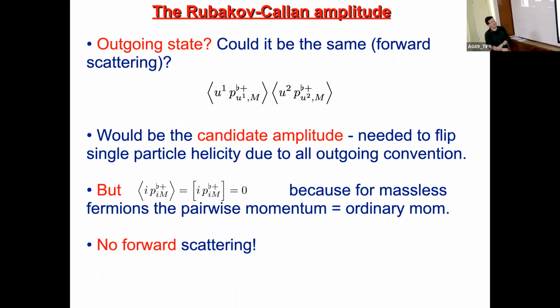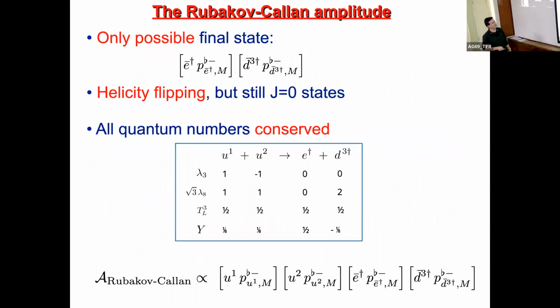But if you then ask what is the corresponding scattering amplitude, we discussed that you need to have a helicity flip for the lowest states. So actually the forward scattering is not allowed, and if you just brute force in our formalism try to write down the scattering amplitude for forward scattering, you will find that it is in fact zero. That's very good. So in that sense, we would find the Rubakov-Callan effect in our formalism as predicted.